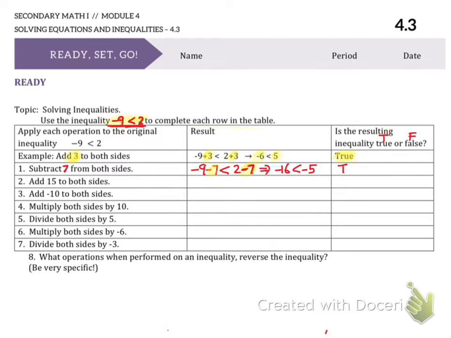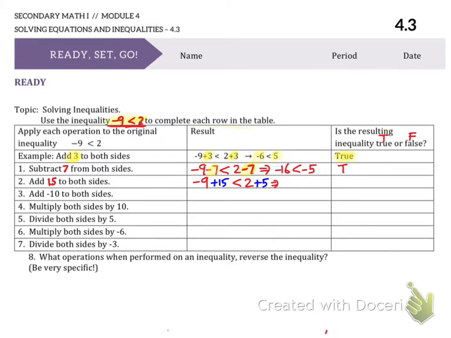Then they say, let's check what if you add 15 to both sides. So I'll be adding 15 to both sides of -9 less than 2.